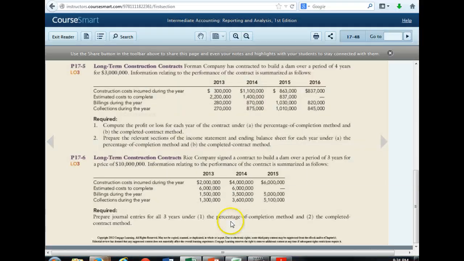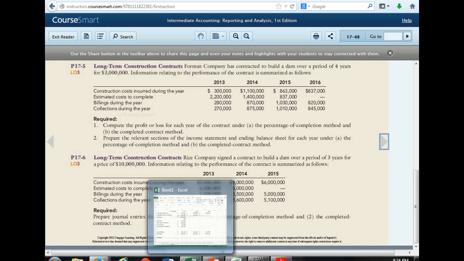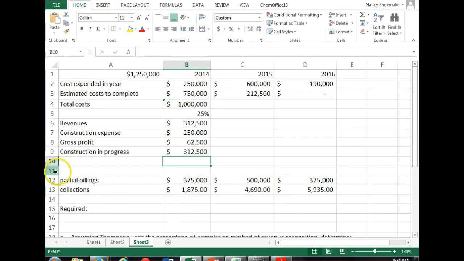Next, I'm recording this so you guys can listen to this again. Next, prepare the relevant sections of the income statement and the ending balance sheet for each year under the percent of completion method. Okay?